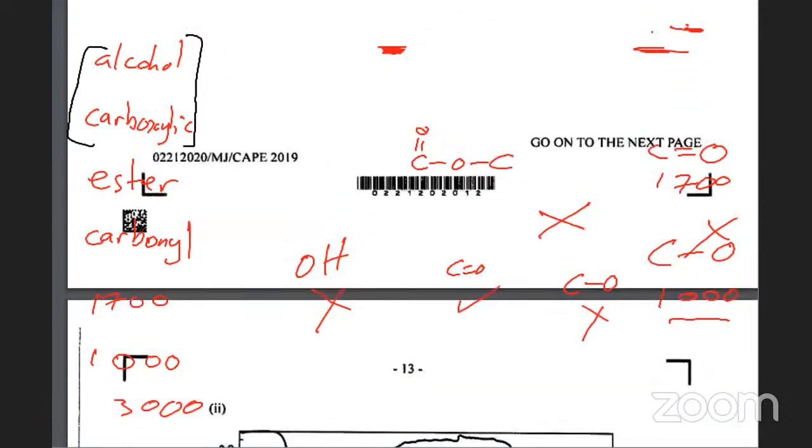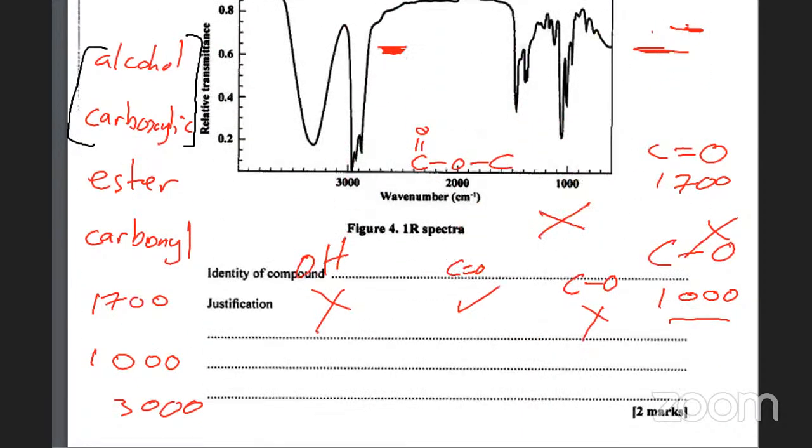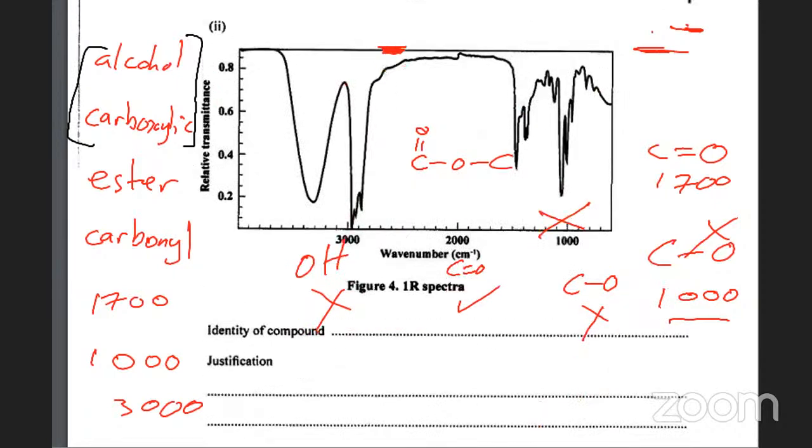Compound is known. All right. This one now. Remember, if it was a carboxylic acid, the peak would be much wider. It would look something just like this in red.